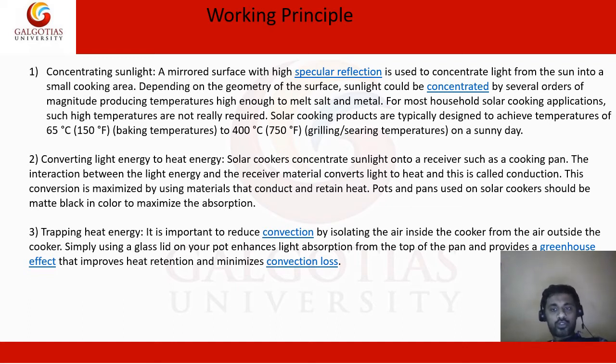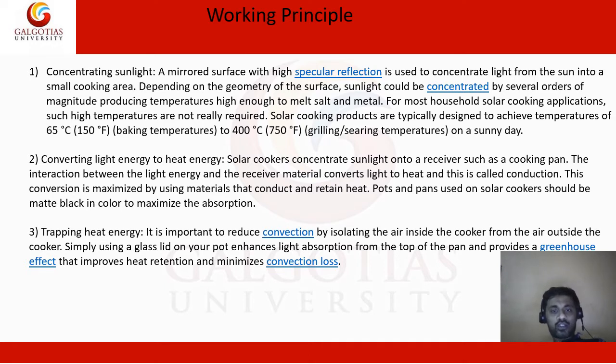For most household solar cooking applications, such high temperatures are not required. So solar cooking products are typically designed to achieve temperatures of 65 degrees Celsius to 400 degrees Celsius on a sunny day.